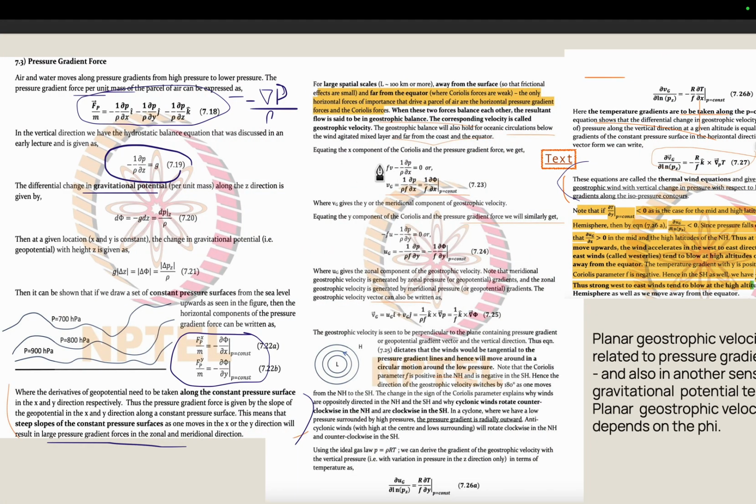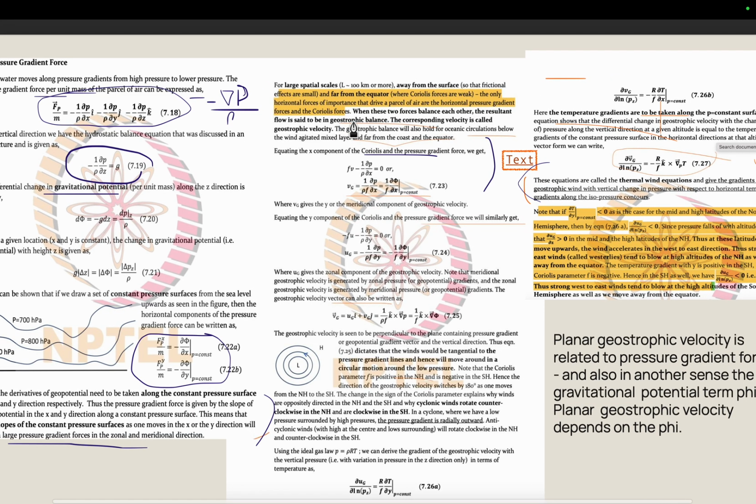Also you can write the balance between the Coriolis force and the pressure gradient force in the condition where, at large spatial scales, that is greater than about 100 kilometers, and away from the surface, so that frictional effects are small, and far from the equator where Coriolis effects are weak, the only important horizontal force driving the air is the horizontal pressure gradient force, that is 1 by rho del p del x, this component, and 1 by rho del p del y, this component.